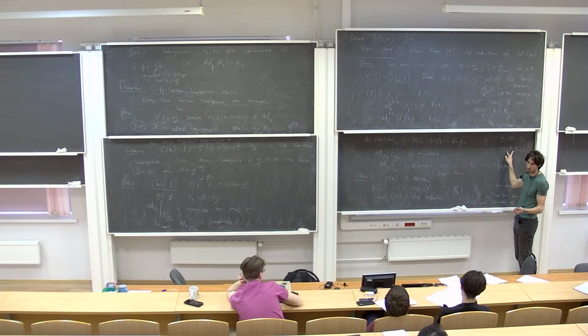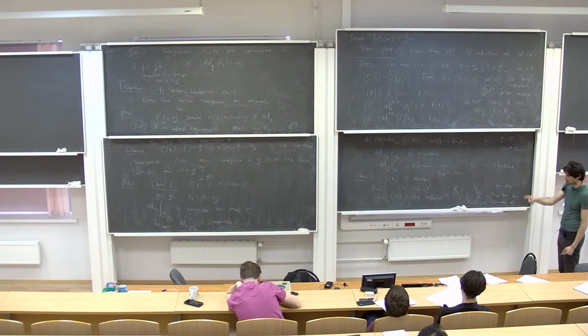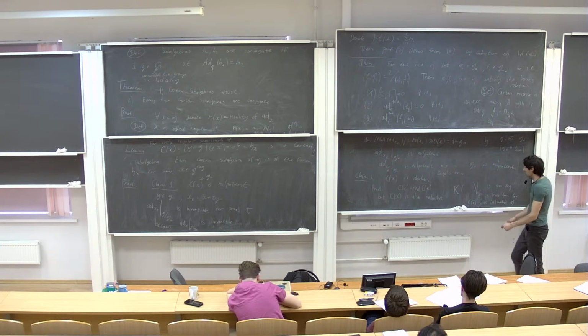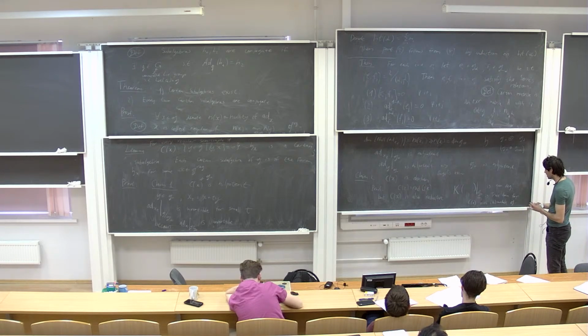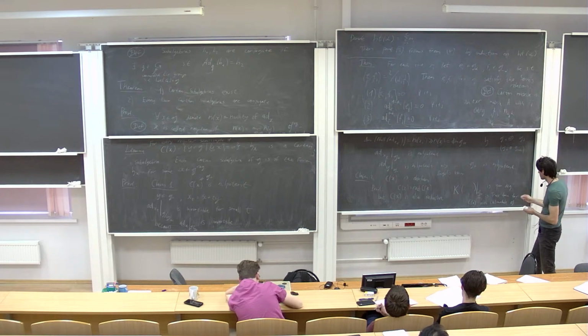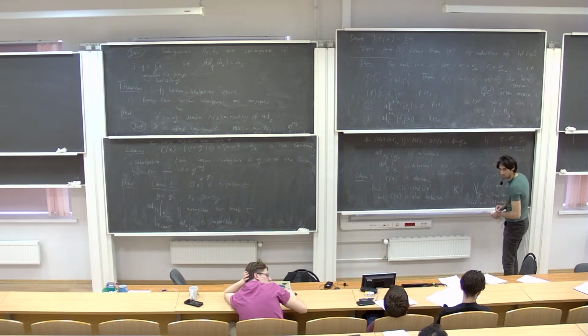But now let me take, this is still a toral subalgebra, but spanned by one element, which is X. What will be G0 in that case? G0 is exactly C of X. It's exactly everything that commutes with X.